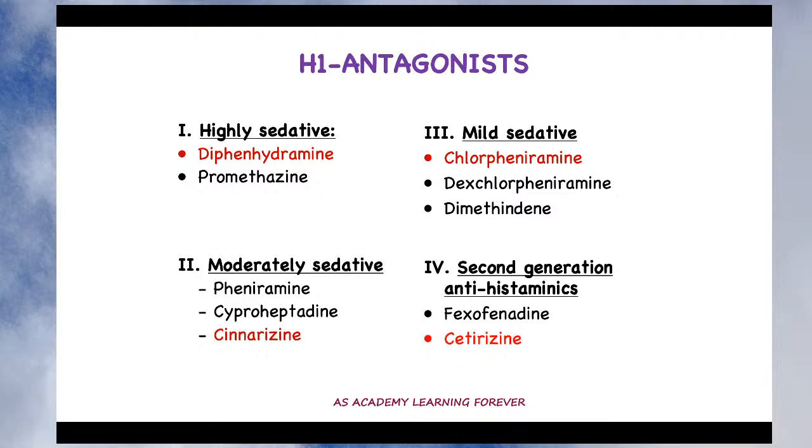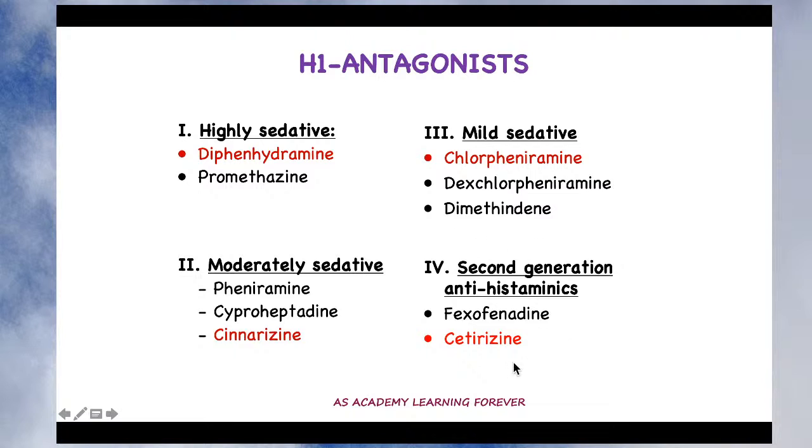Likewise, second generation antihistaminics, for example fexofenadine and cetirizine, are drugs also having anti-allergic action. But what is the advantage? Since they do not cross the blood-brain barrier or have less ability to cross it, they have less or no effect on the central nervous system. The disadvantage of CNS inhibition is that generally it affects the day-to-day functioning of the patient.